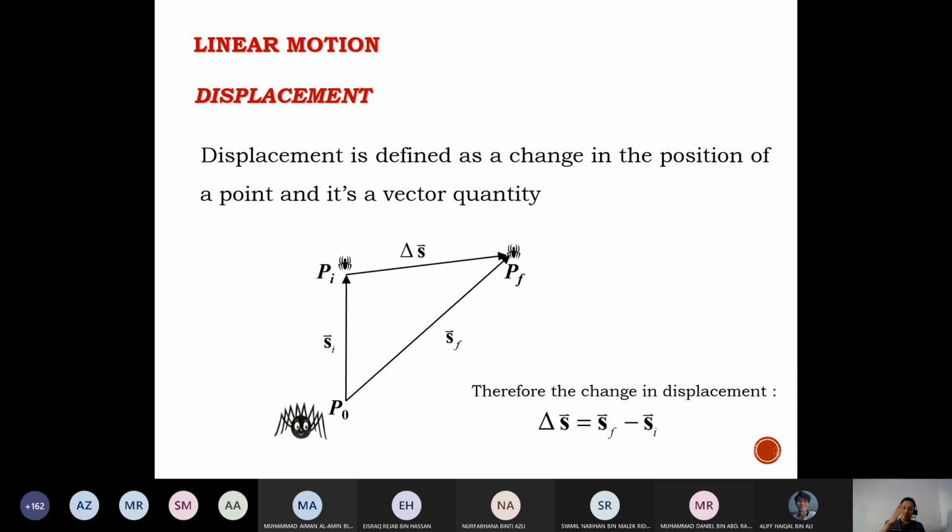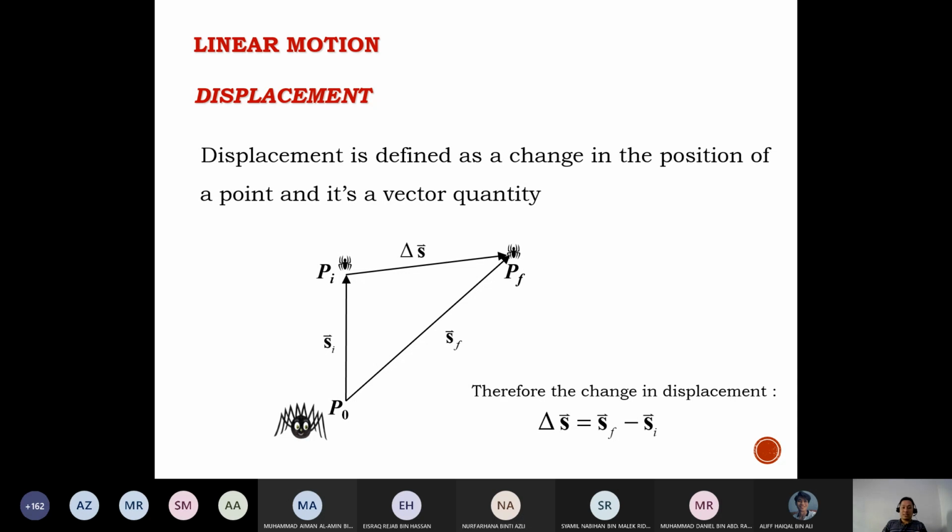So the direction is here to there, forwards, ke depan, or backward, ke belakang. So it's positive X or negative X. We talk about X, not Y, because Y is vertical. We talk about horizontal because it moves in the horizontal plane.